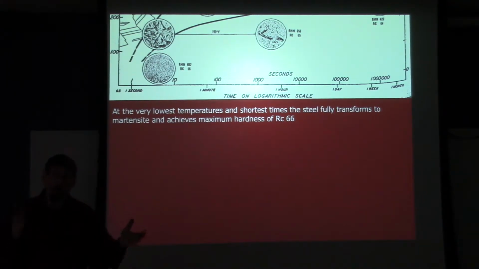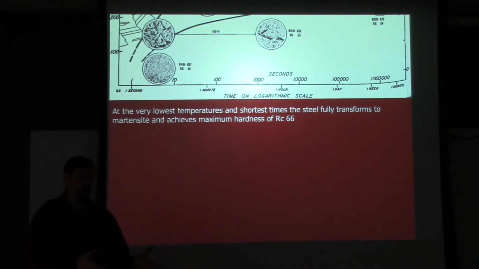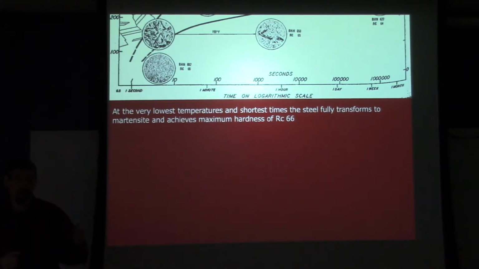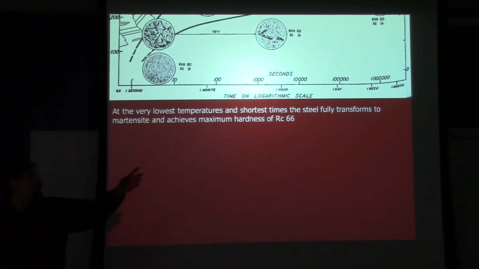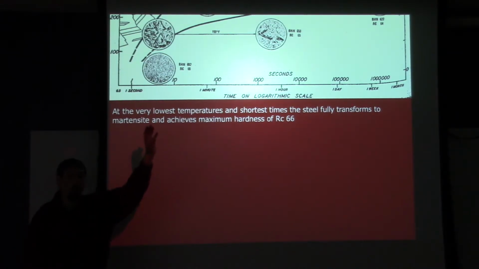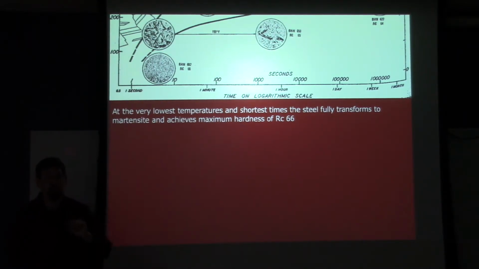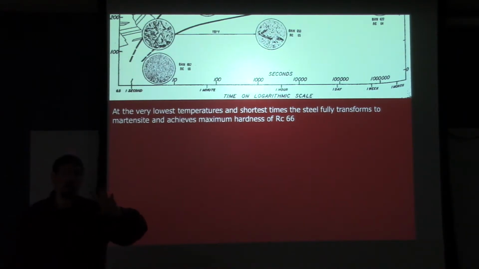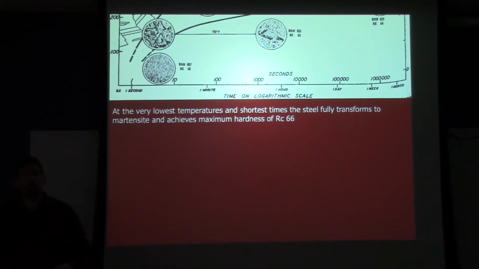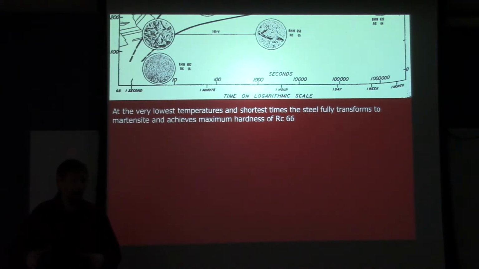Well, you have a limited amount of time to get your item from the furnace to the quench device. And if you don't, and the part sits out in the air, you're going to start to undergo something more like what's happening on this isothermal diagram, and you'll be able to see what that would be. So this helps us understand why, in practical heat treatment, we have to pay attention to how fast it takes us to get something from our furnace to our quench tank.